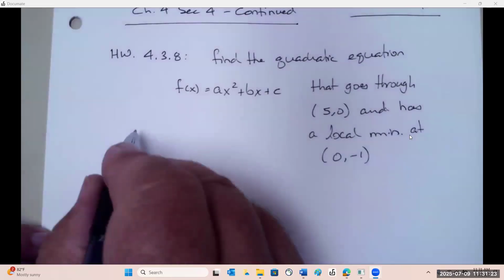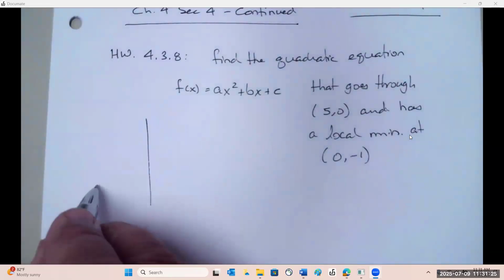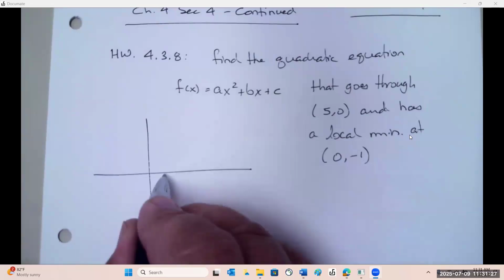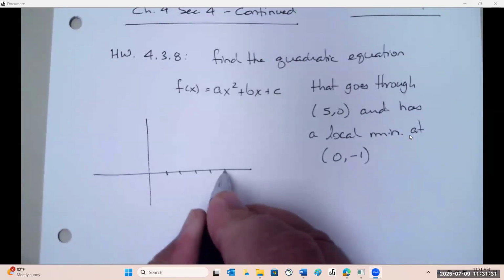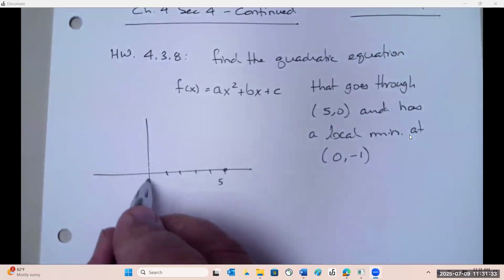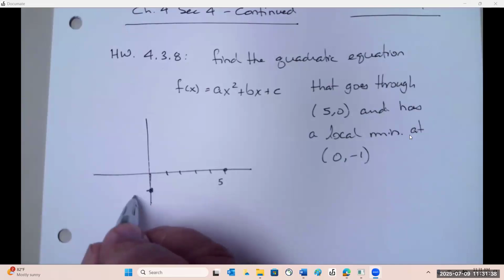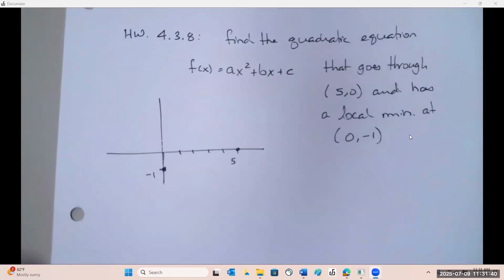let's see what the graph looks like first. 1, 2, 3, 4, 5. So what do we know if we have this?